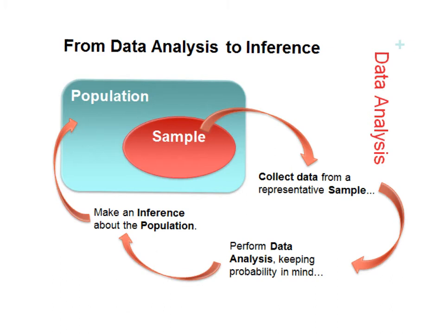We take a sample. We randomly select a smaller subset that, if we did the sampling well, should be like a little mini population. We collect data from a representative sample, and that is the information that we'll analyze, that sample.